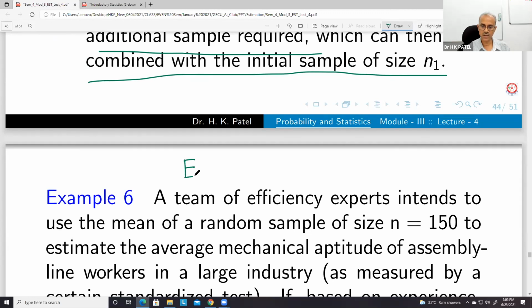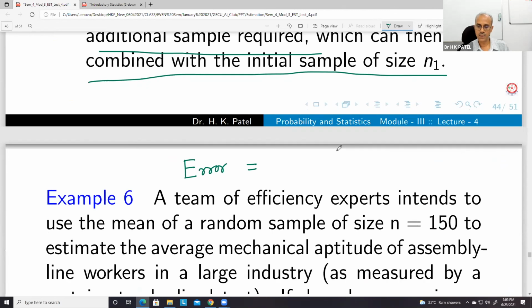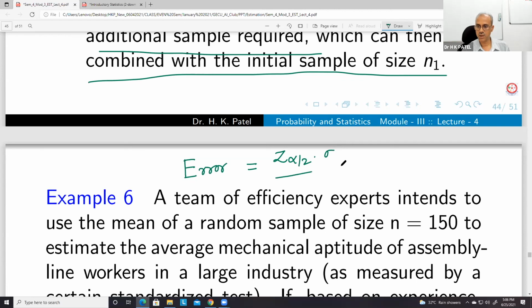So this error is actually Z alpha by 2 into sigma upon root n. Everything is given. You can see that n is 150. Sigma is also given.